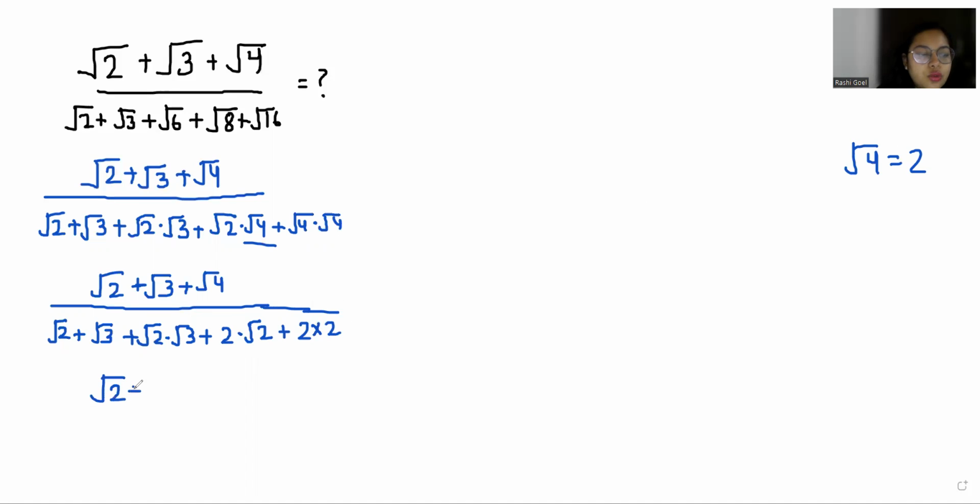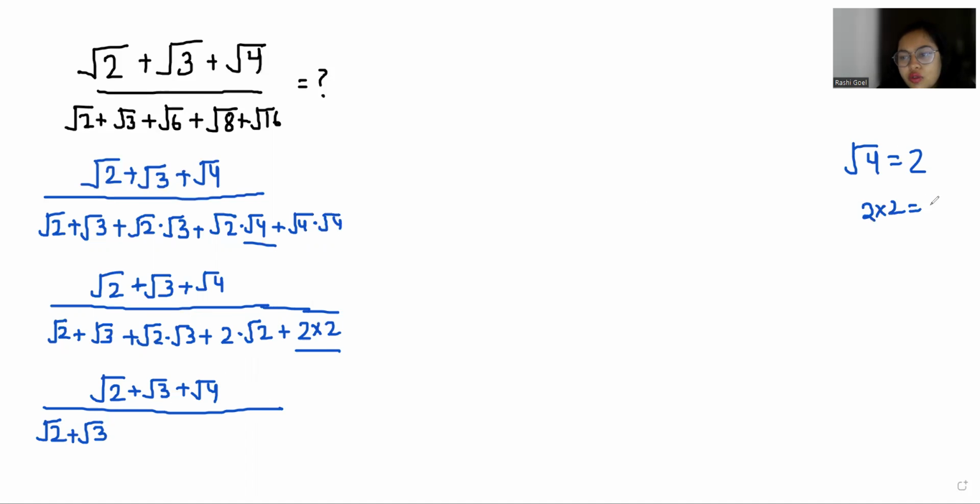Now here 2 times 2 is 4 and this 4 we can write as 2 plus 2 as well. So square root 2 times square root 3 plus 2 square root 2 plus 2 plus 2.